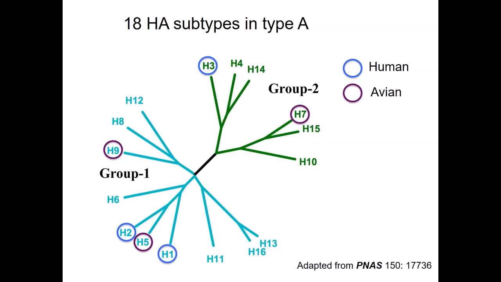If you look at avian viruses that have crossed over to humans more recently, H5, H7, and H9 also represent the two groups. Other viruses have been reported occasionally from birds to humans, like H6 and H10, but the ones that have caused outbreaks are H5, 7, and 9. And then, of course, there's pig viruses. A lot of flu viruses are in pig populations, and at least in the US, there's been a number of fatalities from H3 variant virus, which is in pig populations in the United States and crosses over, infects and kills children.